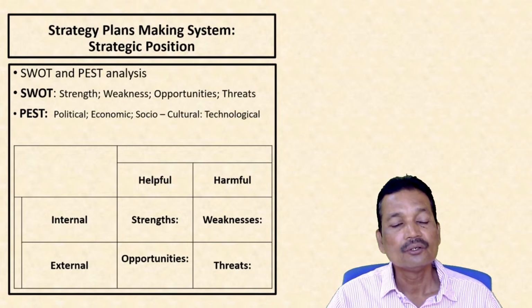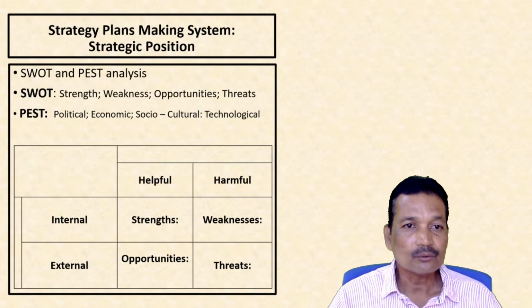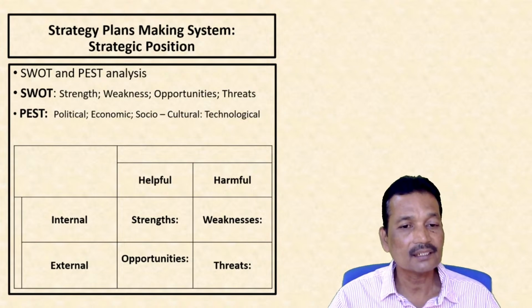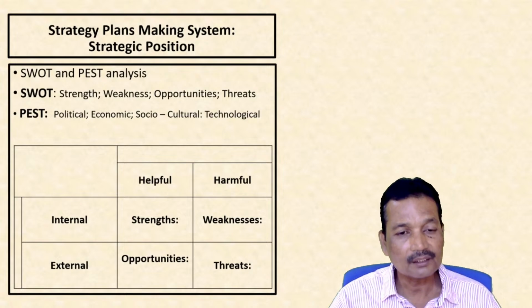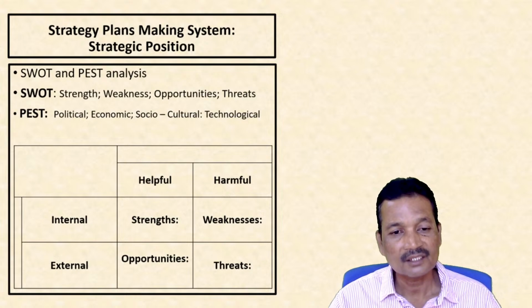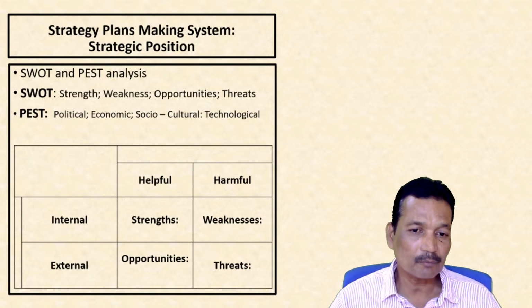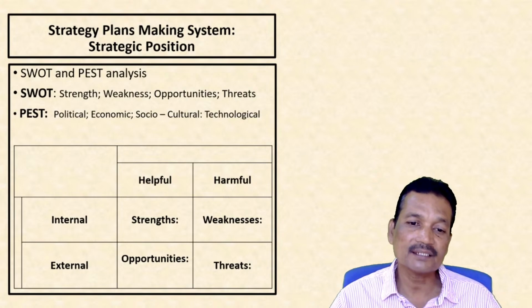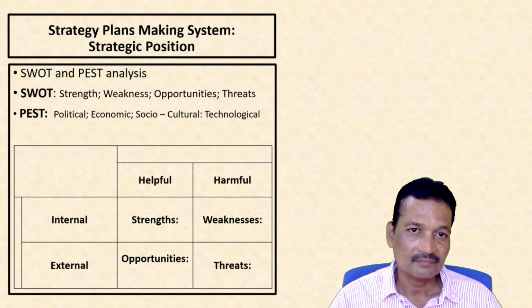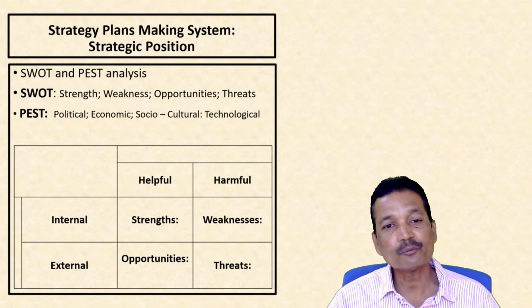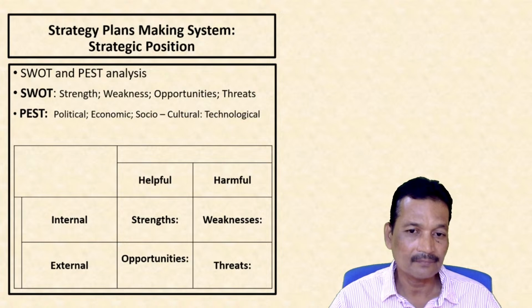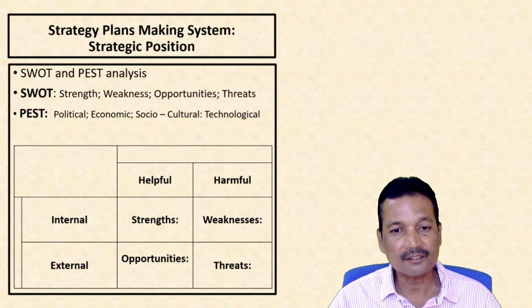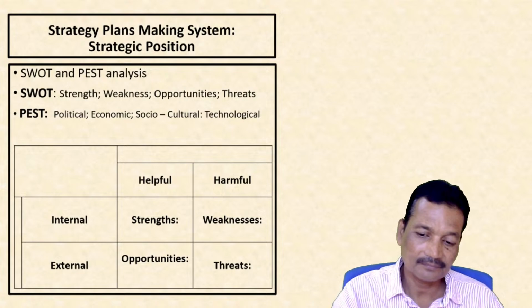So we try to position ourselves, we try to look where we are, whether we are in a strength position or weak position, or our position is full of opportunities, or we are facing threats. So accordingly, we have to make plans, and the plans should always be directed towards achieving the objectives.